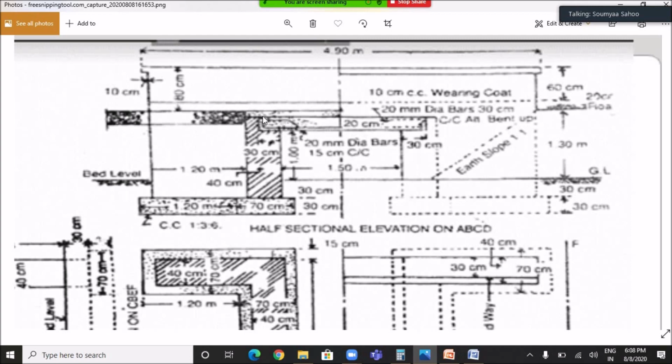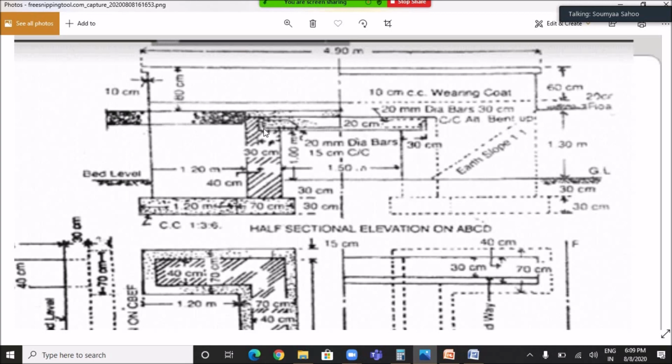So in this portion no brickwork is done. So we have taken this quantity on either side to find out the quantity of brickwork. But in practical case no brickwork is done in this portion and in this portion. So we have to deduct the bearing of RCC slab in abutment in these two portions.